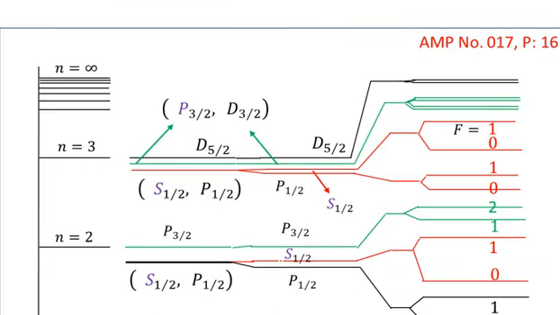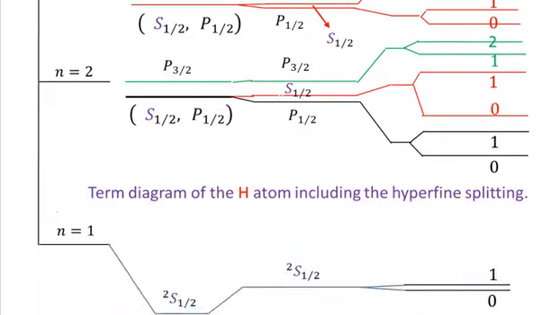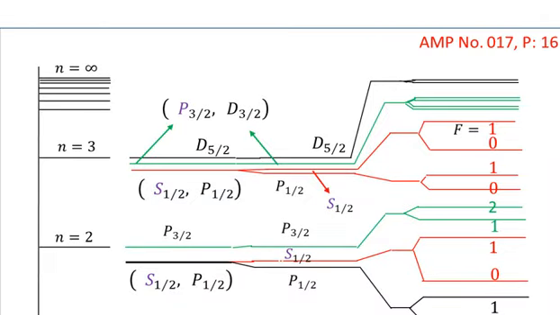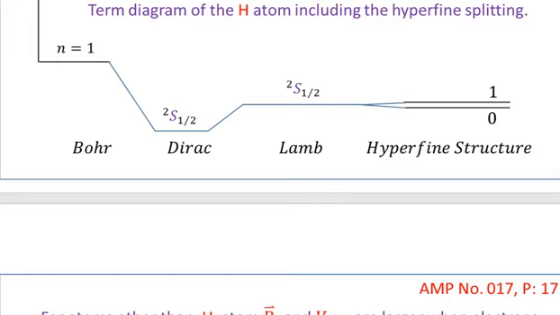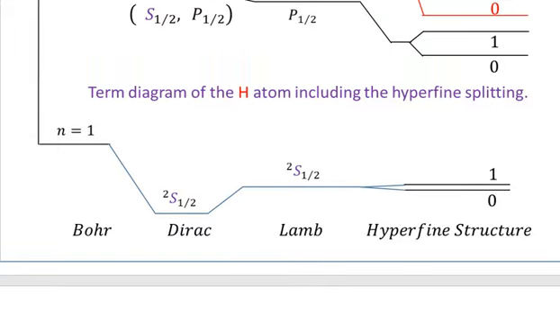And then of course, I have given you the values for the hydrogen atom and their corresponding hyperfine structural splittings for the levels corresponding to n equal to 1, n equal to 2, and n equal to 3. I have also given you the comparison between the Bohr model, Dirac model, Lamb-shift model, and the hyperfine structure models.